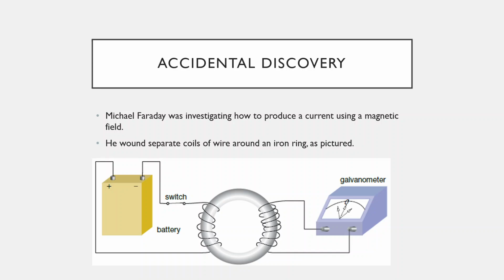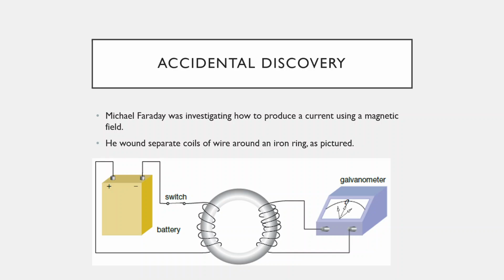And the famous scientist Michael Faraday was investigating how we could produce electricity using magnetic fields, because it was already known at the time that currents produce magnetic fields, as demonstrated by Hans Christian Ørsted.